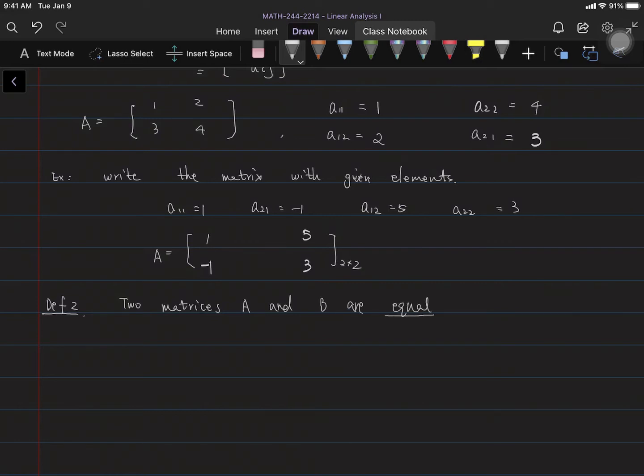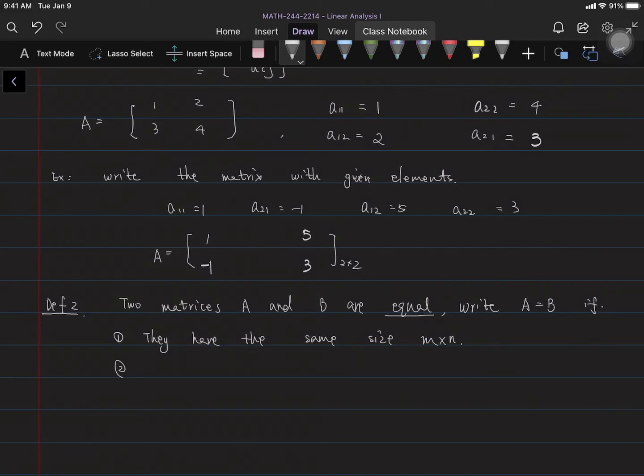That means they have to be exactly the same thing. In that case, we write A equals B if two conditions hold. First, they have the same size, M by N.